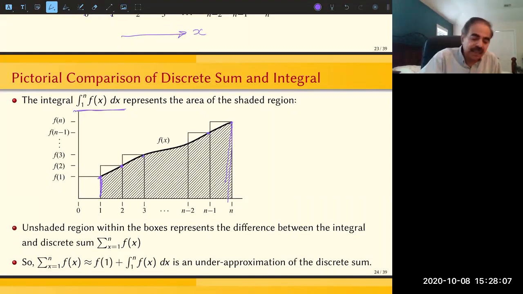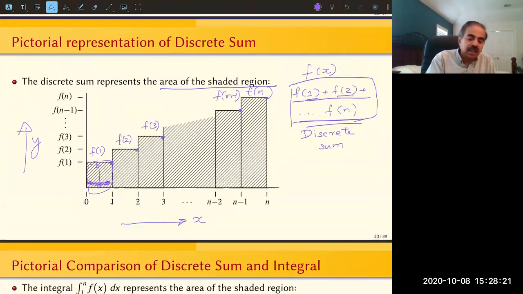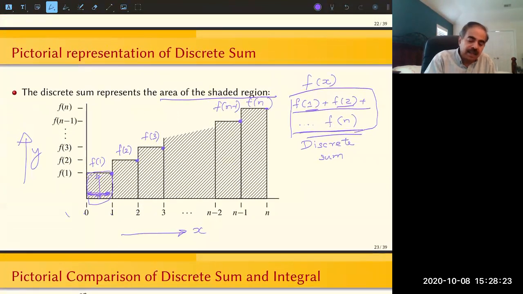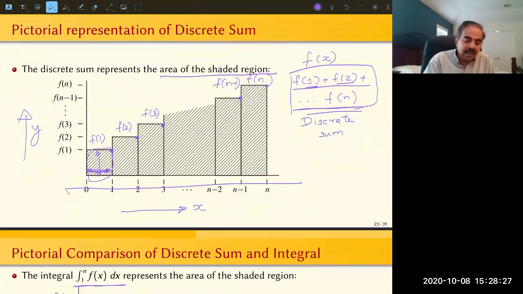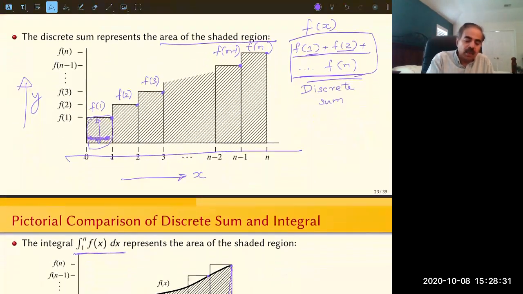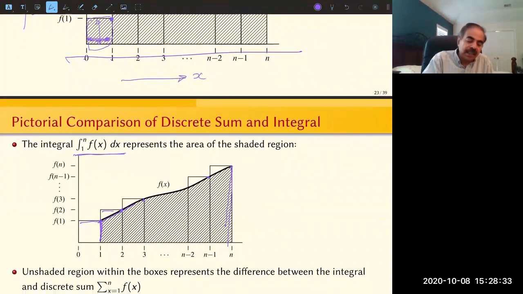And you can see that this area under the curve is a close match for the area enclosed by these rectangles. The area of these rectangles is what we want, and instead of computing that, we can instead compute the integral.